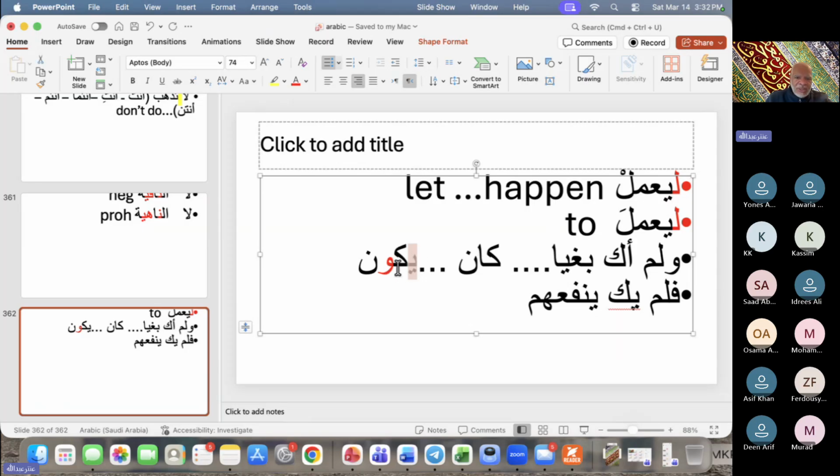So we are left with three letters. So in fact, it is an important letter. But especially with kana, because we call it a fi'l naqis, a verb that is weak. It is like a modal verb. Modal in English means that we have present and past, but we do not have a past participle. So we have can and could, but you do not have a past participle.